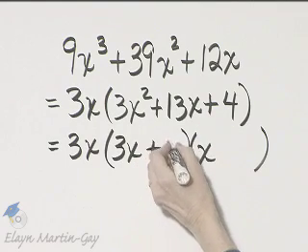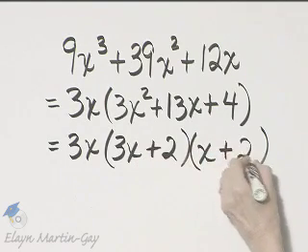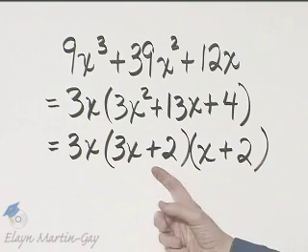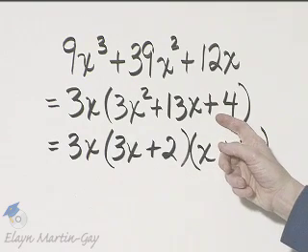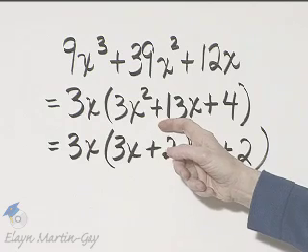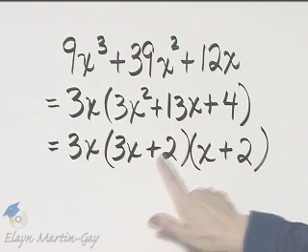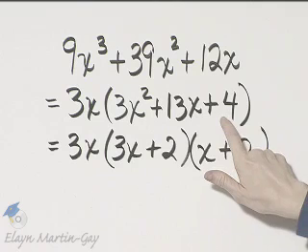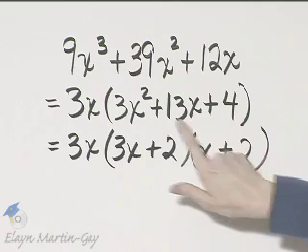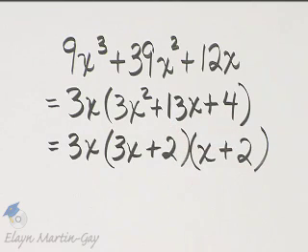I can try 2 and 2. By the way, I'll be using positive factors of positive 4 only because this middle term is a positive number. So I'm not going to try anything like -2 times -2. Although that would give me positive 4, I will never get a positive coefficient for that middle term.